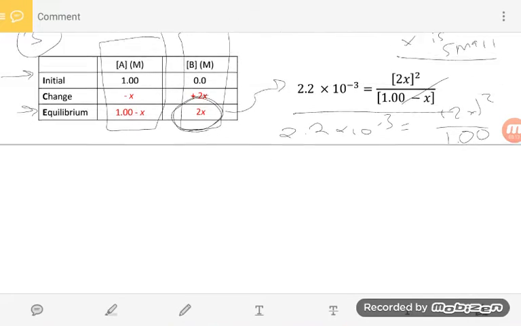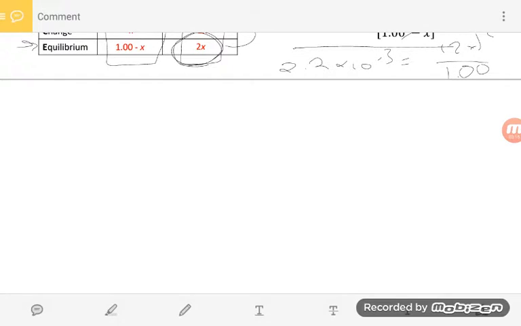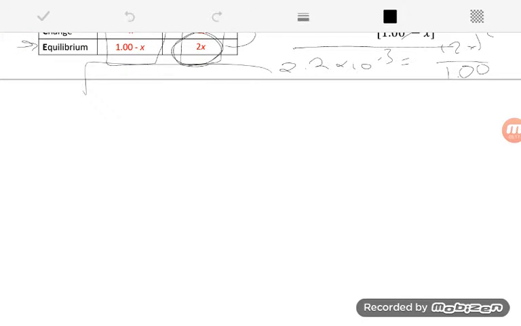So if we scroll down, give us a little bit more room. That's what we have there. So 2.2 times 10 to the negative 3 is equal to 2x squared over 1. Well, first of all, anything divided by 1 is just itself, so we don't really have to worry about that. So we can distribute this squared.